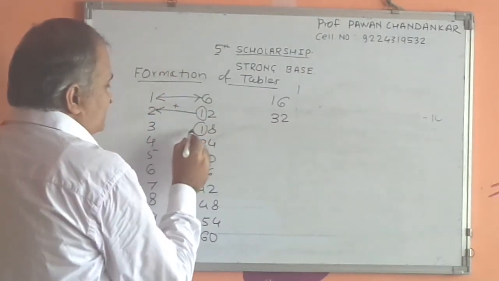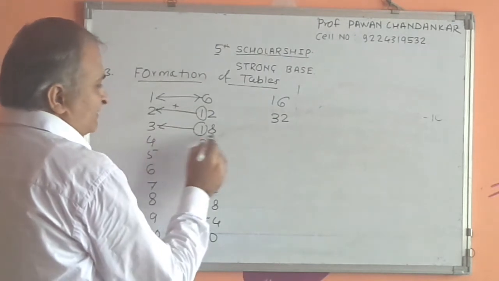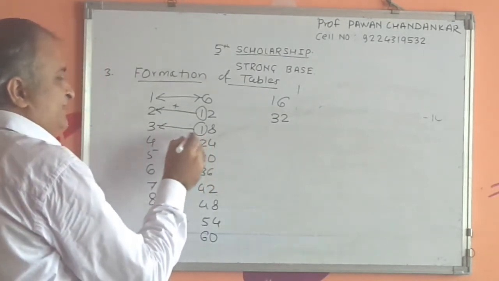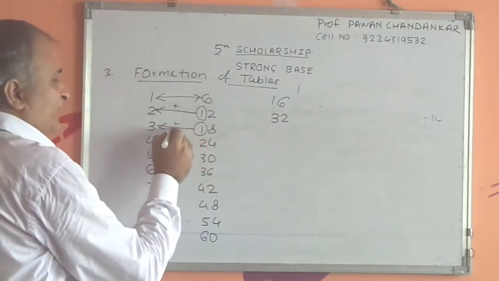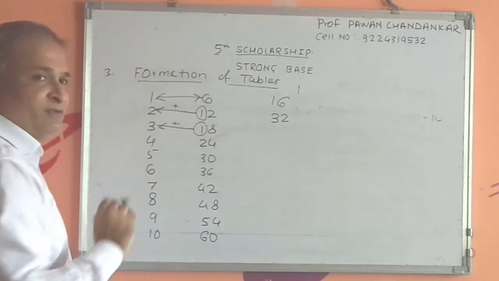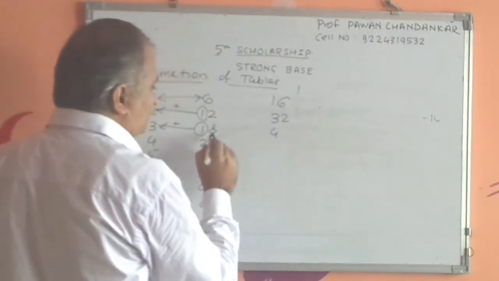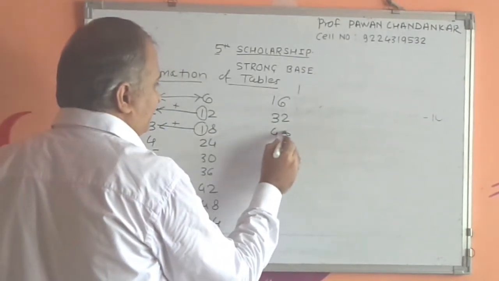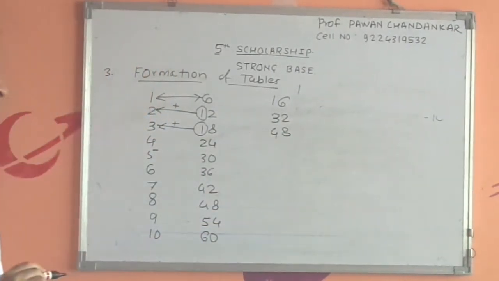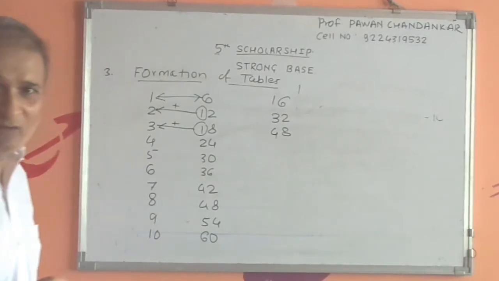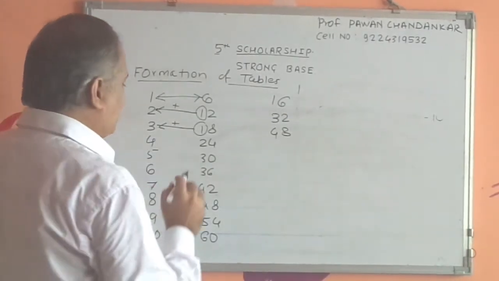I follow the same procedure. From this number 18, I will take the digit 1 and add it to the 3. So this will become 3 plus 1 is 4. The leftover number 8 I will write as it is. Are you understanding the procedure how I am doing? Yes, very good.